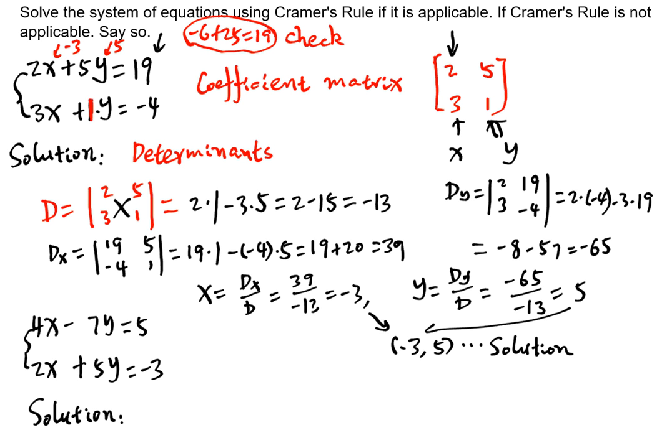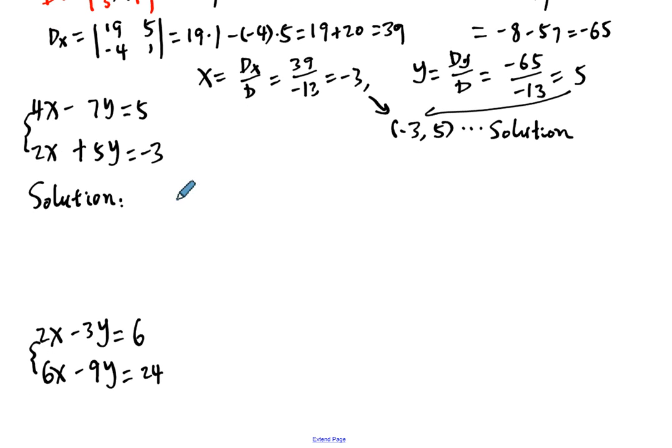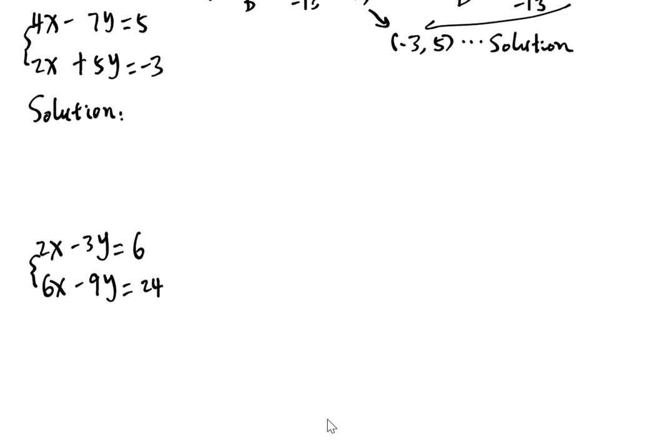So let's do the second one. The second one is the same thing. So let's work on that. Step 1, find D. This determinant is 4, negative 7, 2, 5.